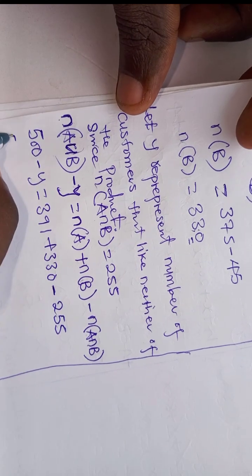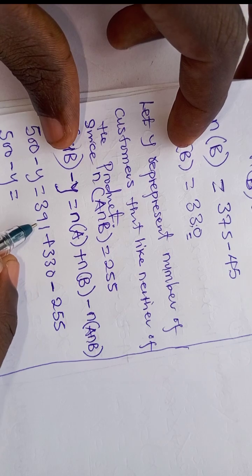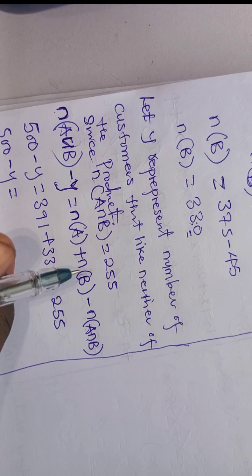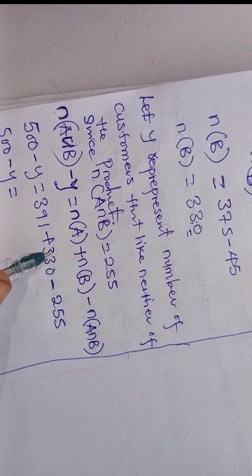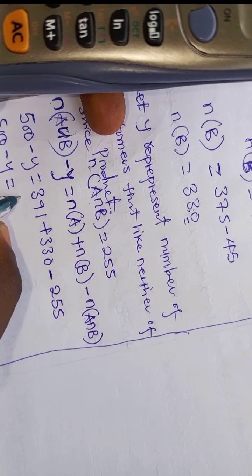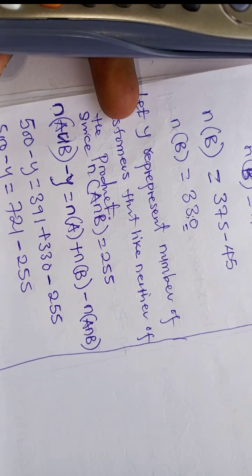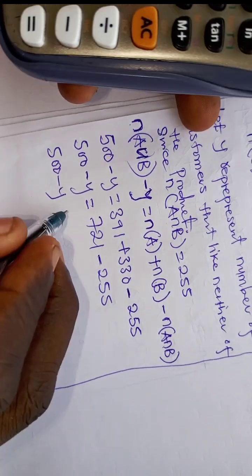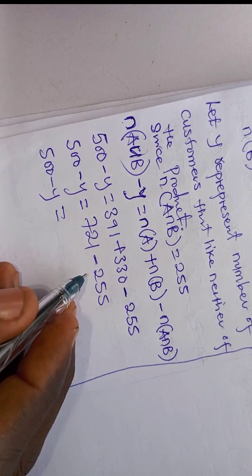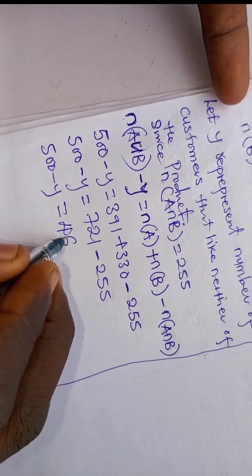So we are going to have 500 minus y equal to 391 plus 330, which is going to give us 721, then minus 255. So 500 minus y will be equal to 721 minus 255, which gives us 466.